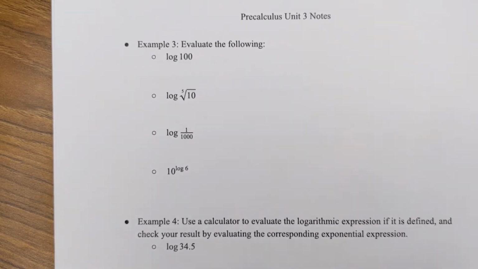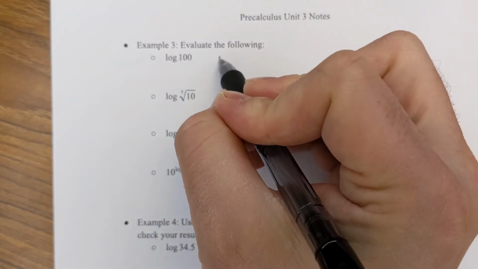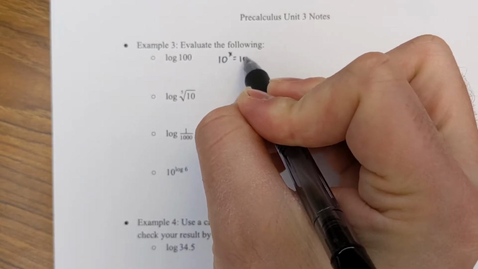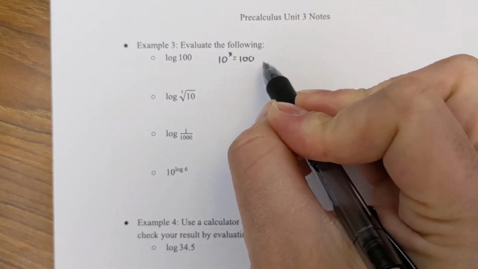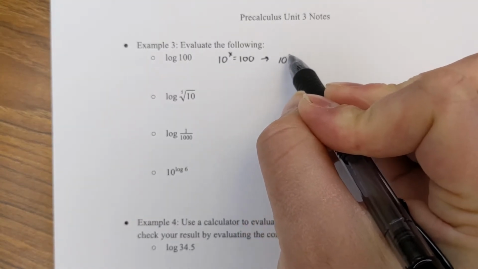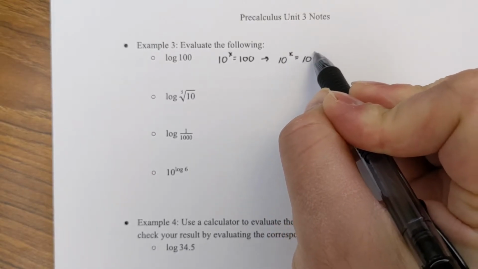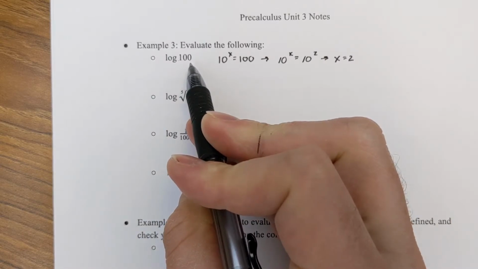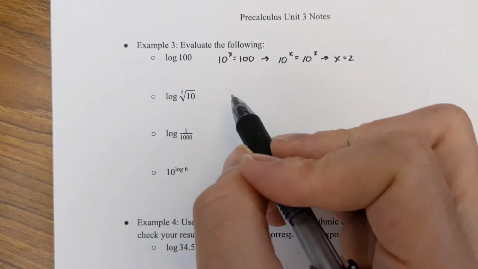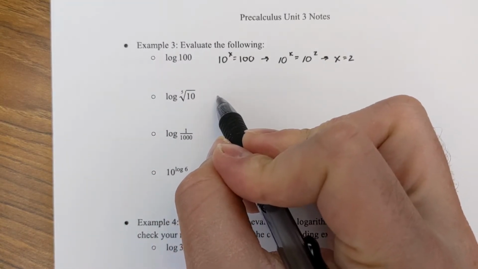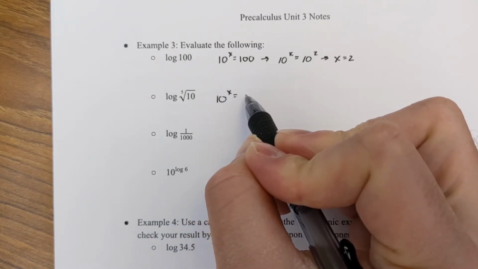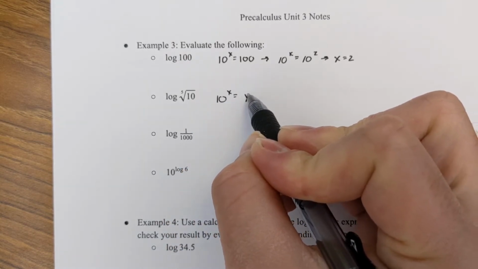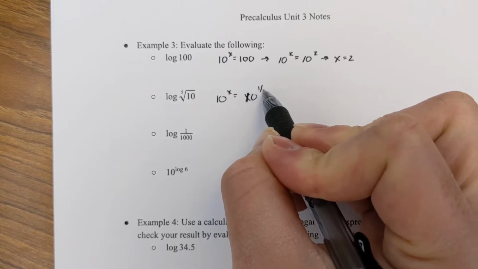So the log of 100, so base is assumed to be 10, so 10 to the x is equal to 100. So I would need to write 100 as a power of 10, which means that x is equal to 2. Now this can also be done on your calculator because your calculator has a log button. Here, this would be 10 to the x. Now the fifth root is the same thing as a 1/5 power.